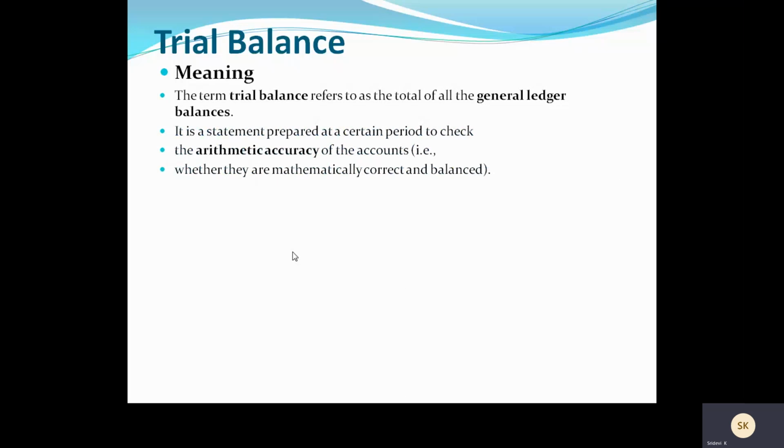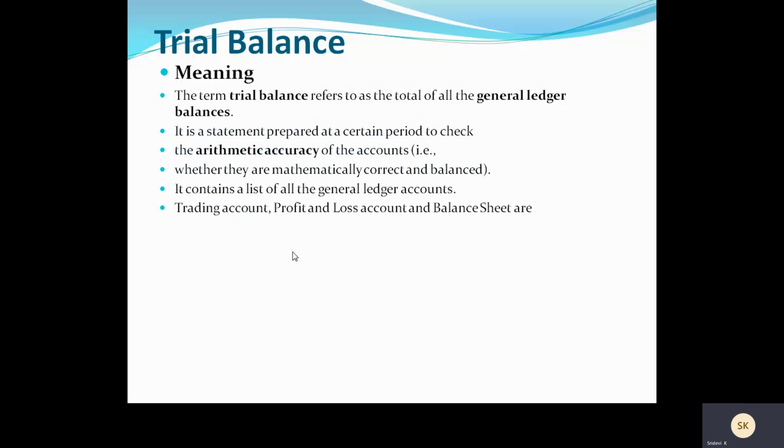And we are going to balance that trial balance. So it contains a list of all the general ledger accounts. Once we have prepared the ledger accounts, that will be recorded in this, and after recording in the trial balance only, we are going to prepare the trading account, profit and loss account, and the balance sheet, which are combinedly called what?